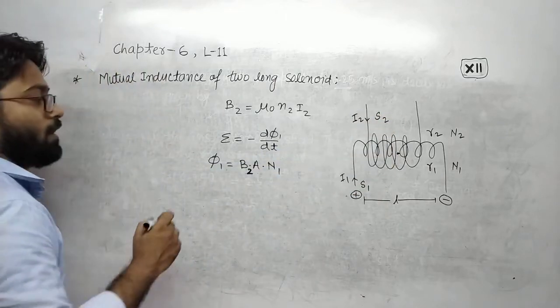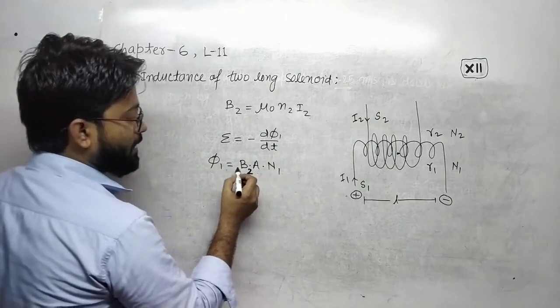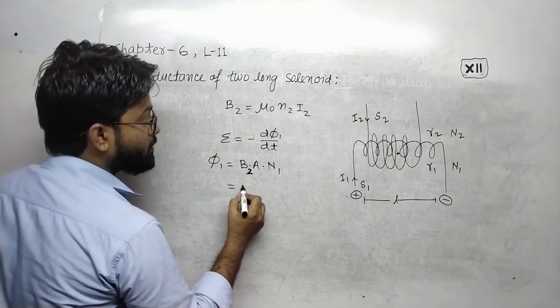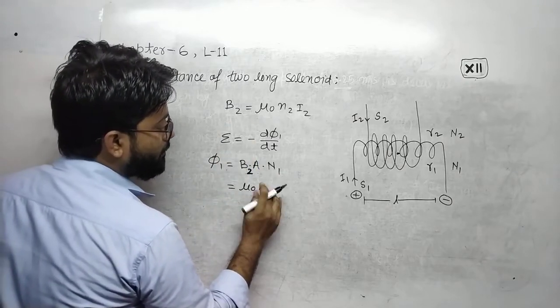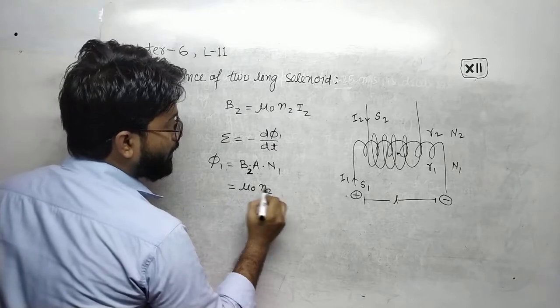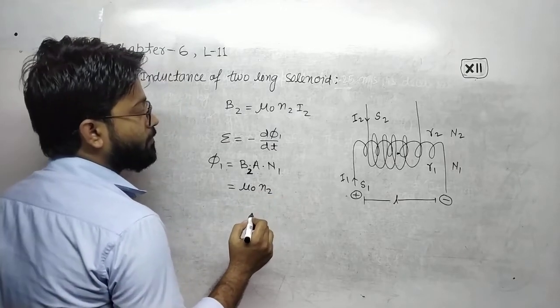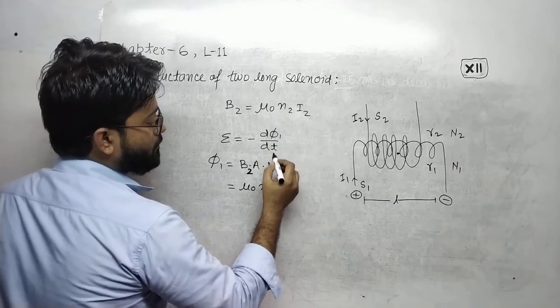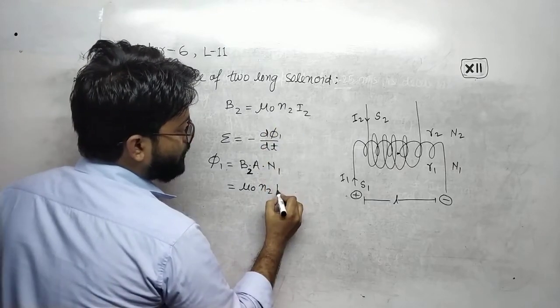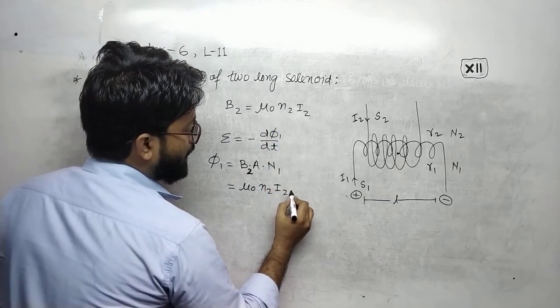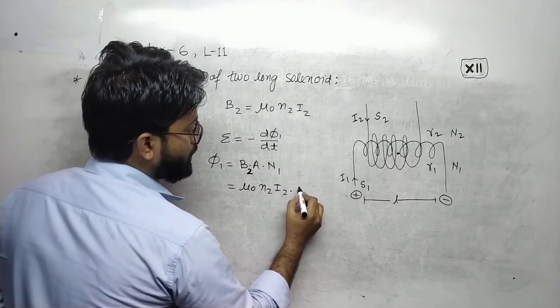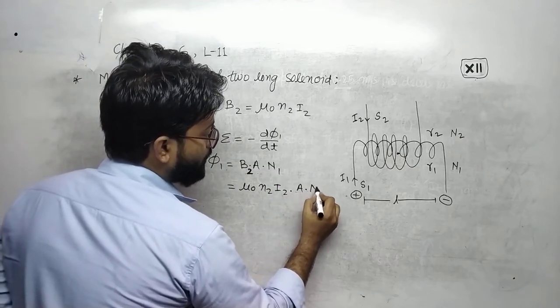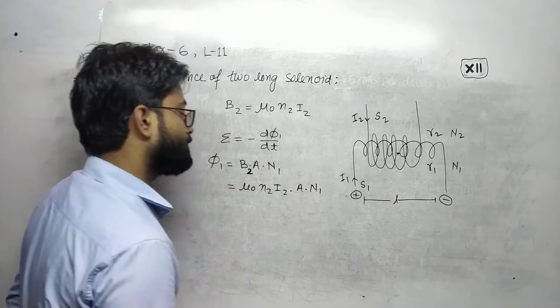Now in place of B2 you can write mu naught N2 I2 into A into N1.